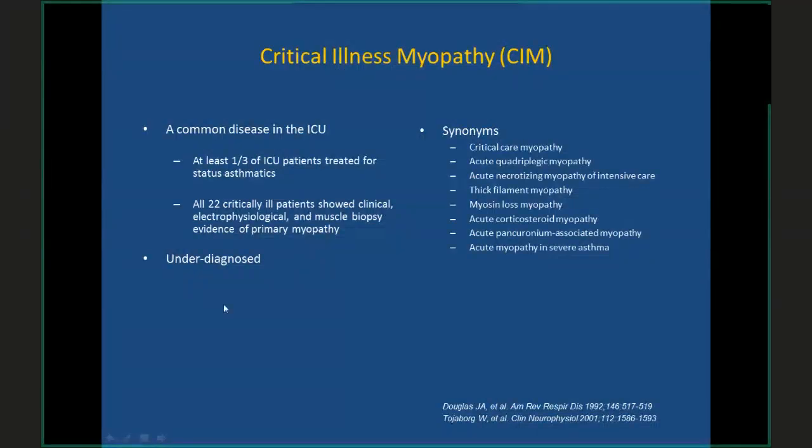So this is very underdiagnosed too, probably because there's no special treatment. I will talk about this later, and that's why people did not pay much attention. One study also shows CIM is a little more common than CIP. I will talk about this later.